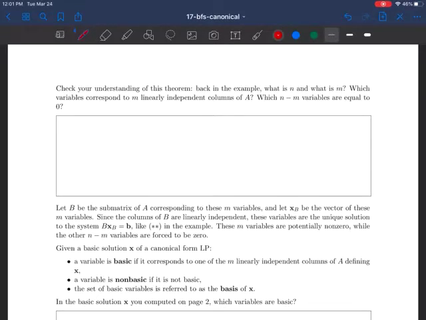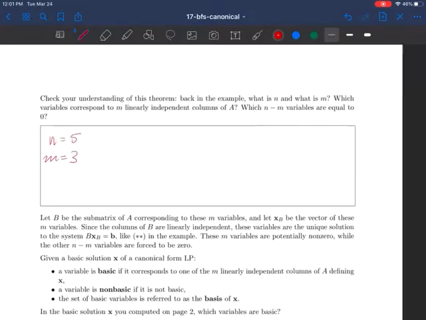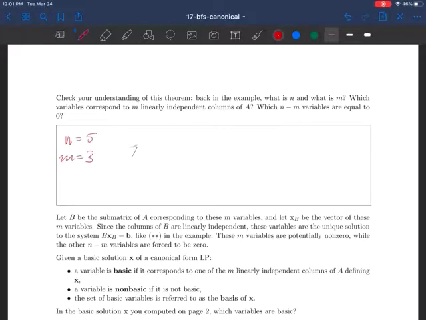Okay, so let's check your understanding of this theorem. Back in their example, what is n and what is m? So n, remember, equal to 5, m equal to 3. The variables corresponding to linearly independent columns of A were, and we're going to call these basic variables, x, y, and s2.